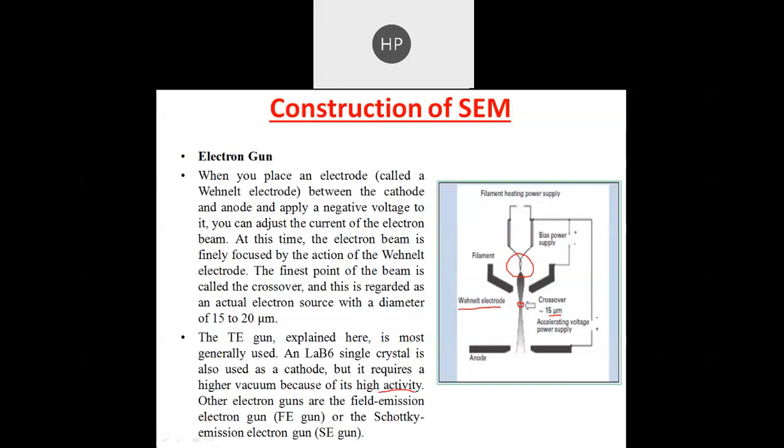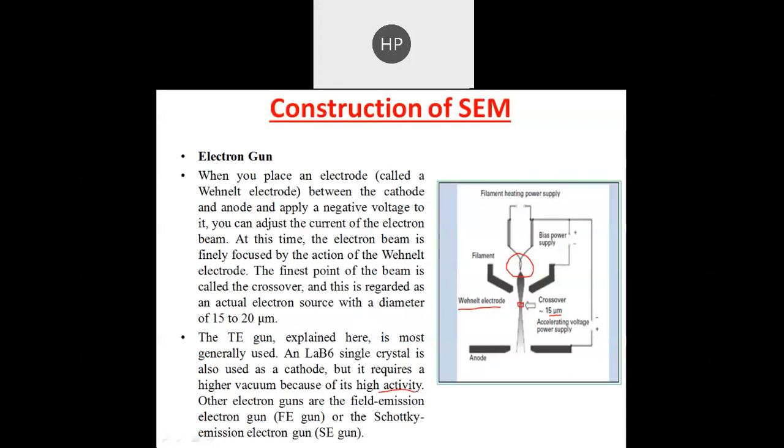Why? Because to run that lanthanum hexaboride single crystal as a cathode, it requires a high vacuum, so that its activity with the environment can be eliminated, and that's why it requires higher maintenance.